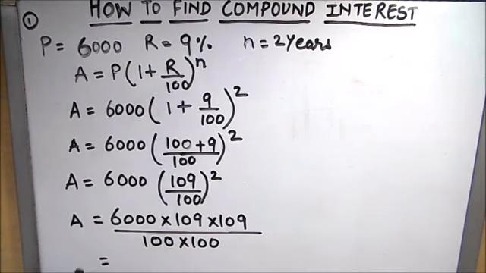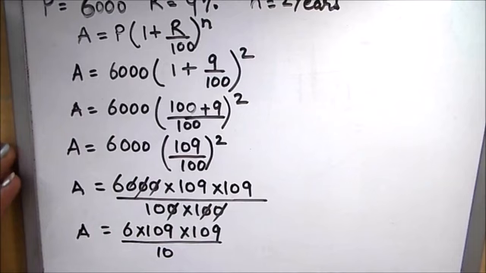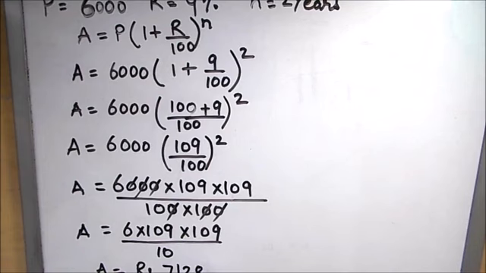So our amount will come out to be, 3 zeros get cancelled, so we are left with 6 times 109 times 109 over 10. After solving, the amount comes out to be rupees 7,128.6. So this is our amount.